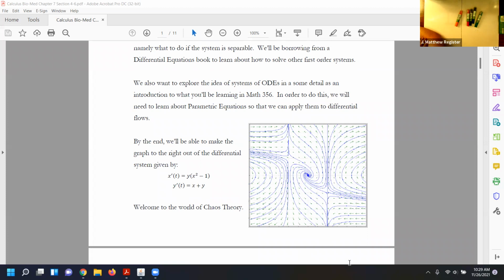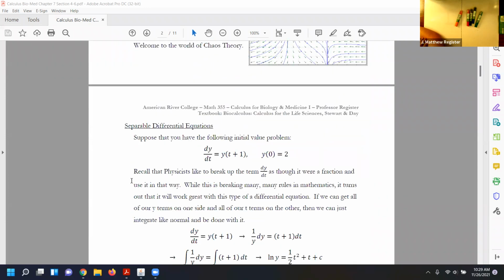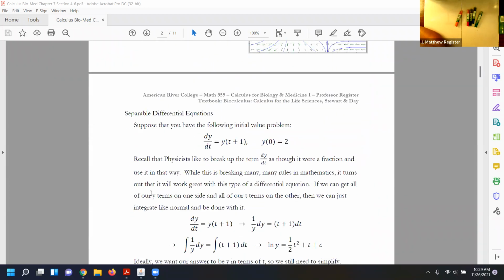This is really what chaos theory is about. Chaos theory is about understanding how a small change in initial conditions can have drastic changes in results. And in a system like this, depending on where you start on this graph, where you end up is going to be wildly different. That said, let's start with some simple differential equations which we can solve.